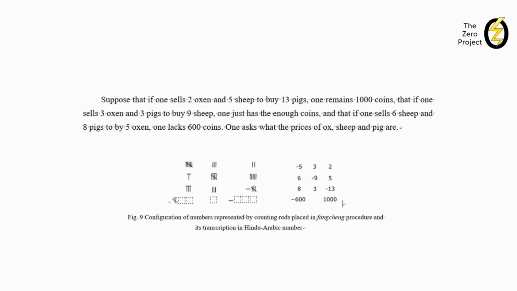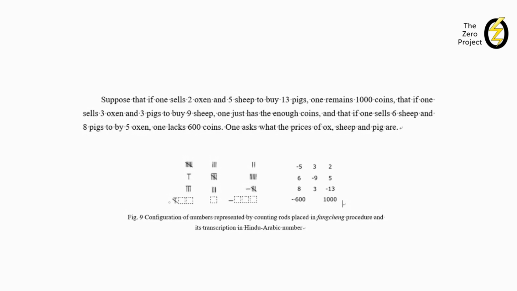A major process of the fang cheng procedure is to eliminate numbers in certain positions of the configuration of numbers, like this figure. After a series of eliminations, only the numbers of one certain object and its corresponding price are left on the counting board.